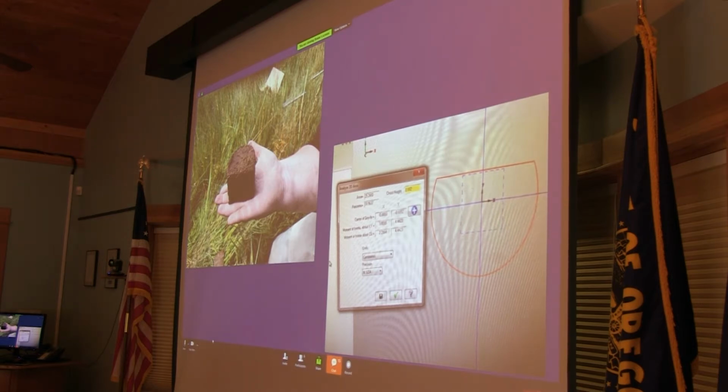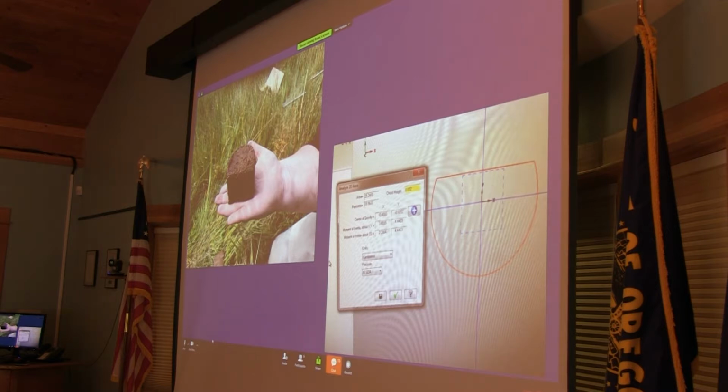For that same sample, we get organic carbon, and we also get organic matter, which some people use as a very simple surrogate for soil carbon, to get an idea of the relationship there. We've also looked at soil texture in these samples as well.